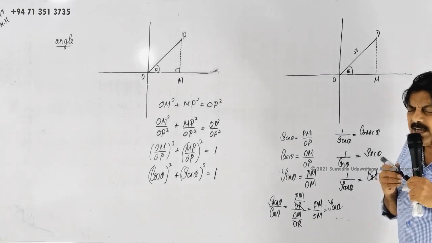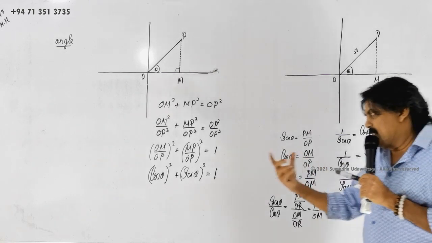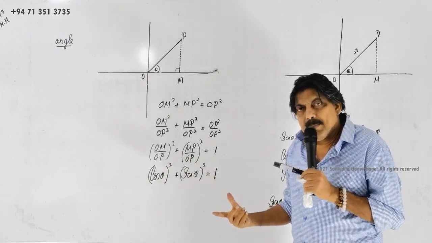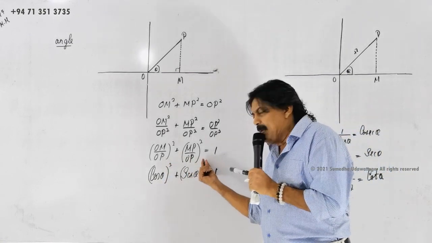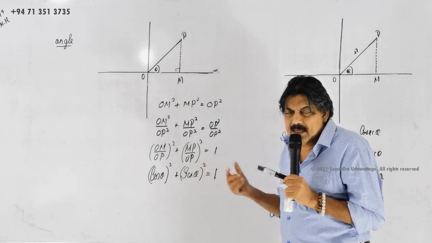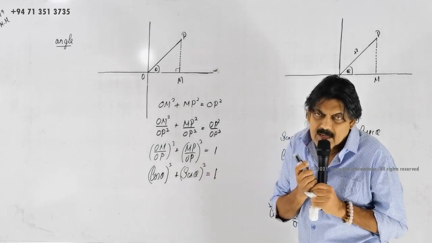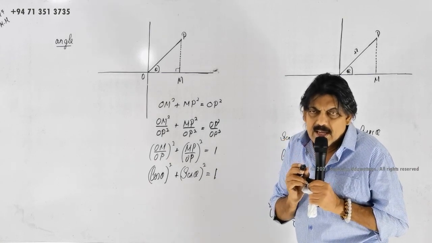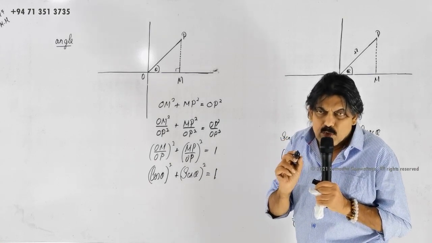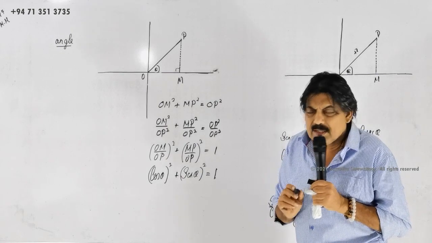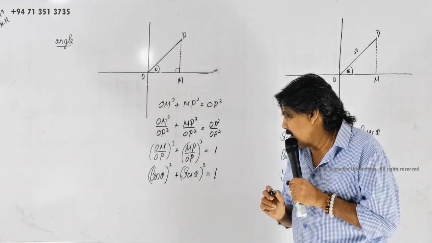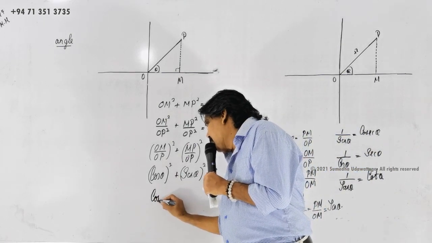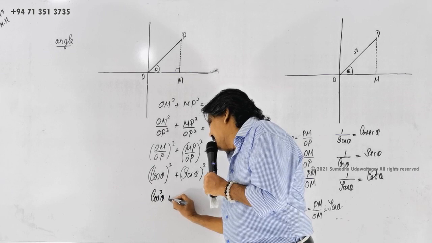Now, how can you read this? Cos theta squared plus sin theta squared is equal to 1. But for it to be easier for you to write, and to talk about, we write cos theta squared in short as cos square theta.